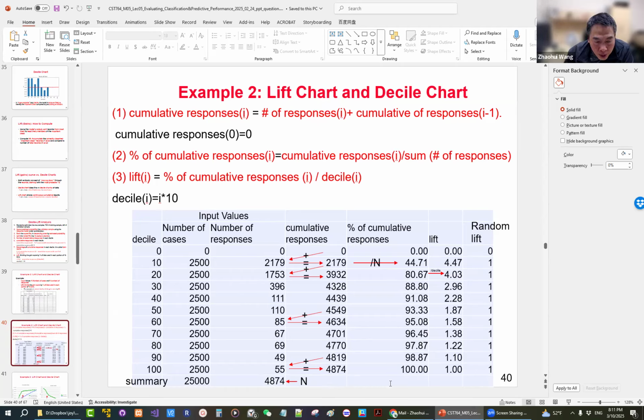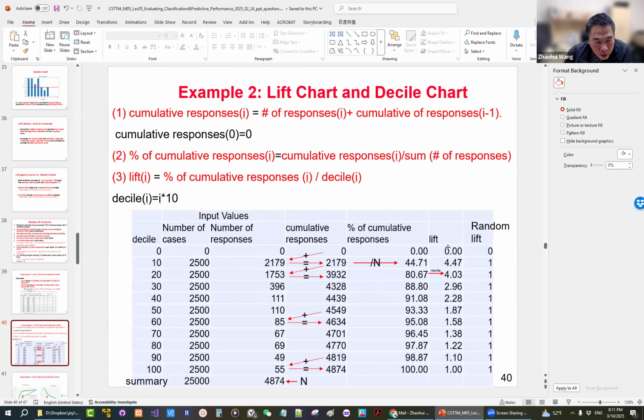So we can obtain the percentage value. Decile 1 has the percentage 44.71%, and you can see the percentage of cumulative response will increase until 100.